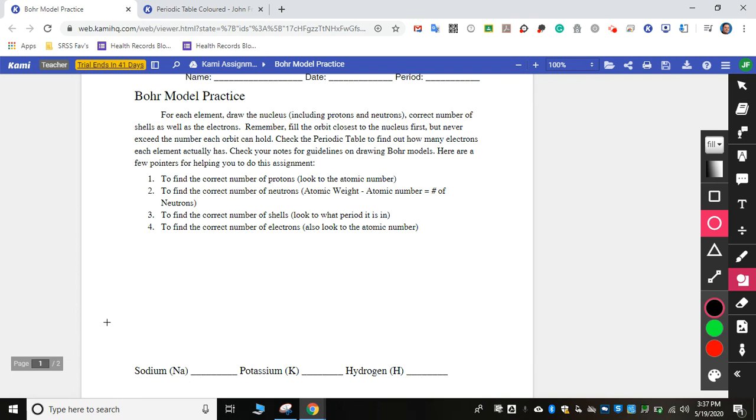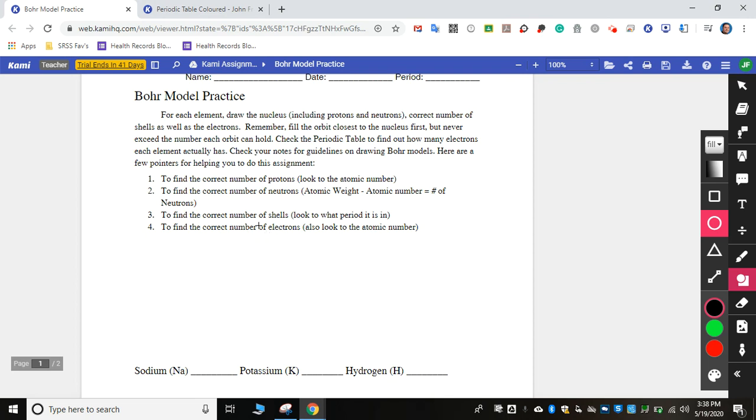So our first element here is sodium. It gives us some pointers. To find the correct number of protons, look at the atomic number. That's the first thing. Second, to find the correct number of neutrons, take the atomic weight, also called the atomic mass, subtract the atomic number, and you get the number of neutrons. Number three, to find the correct number of shells, look at what period the element is in. Now this one's debatable.